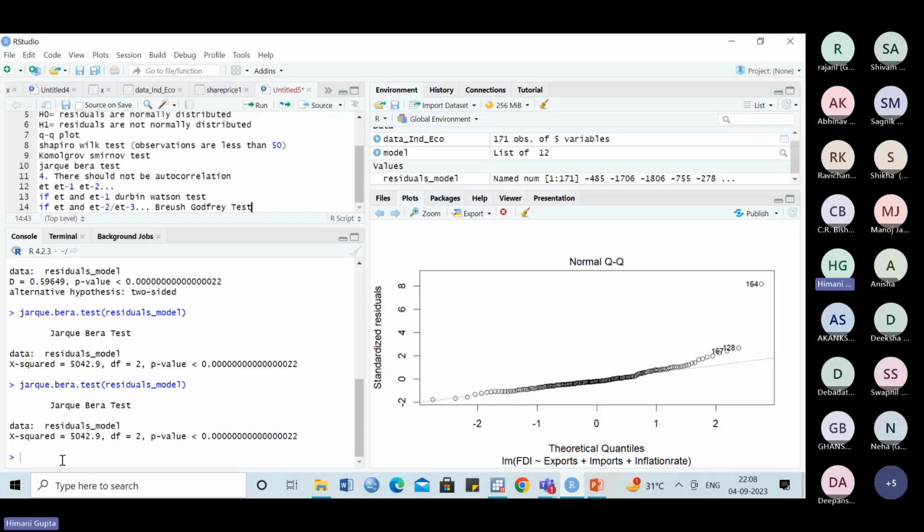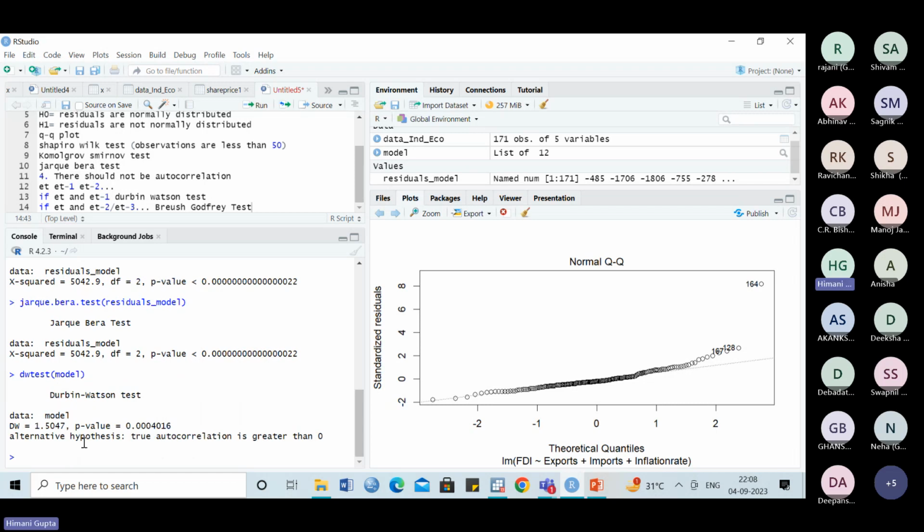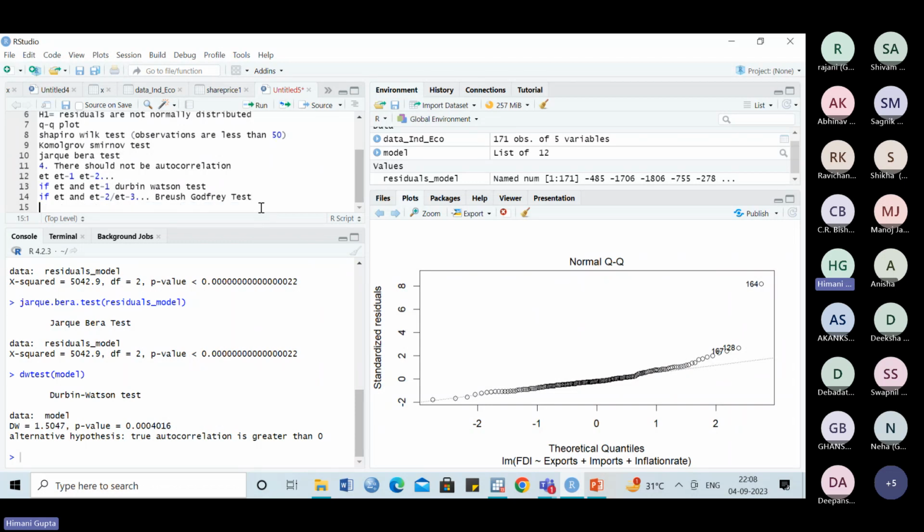So first of all, let's go with the Durbin-Watson test. The short form is DW test, so DW test and your model. Now see, the p-value is 0.004016. So what should be your H0?